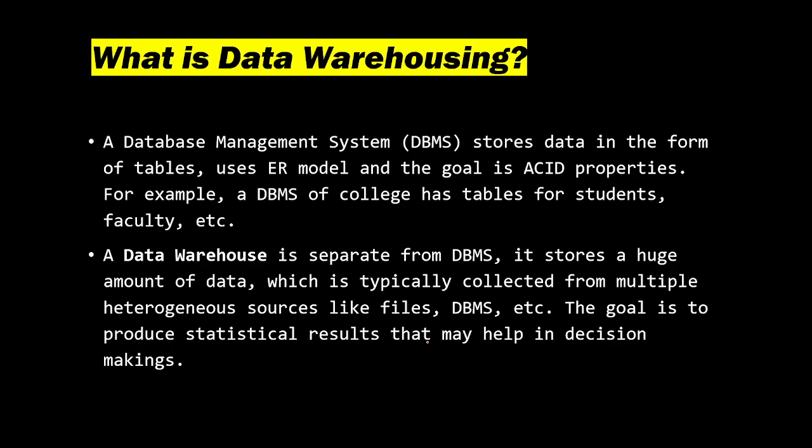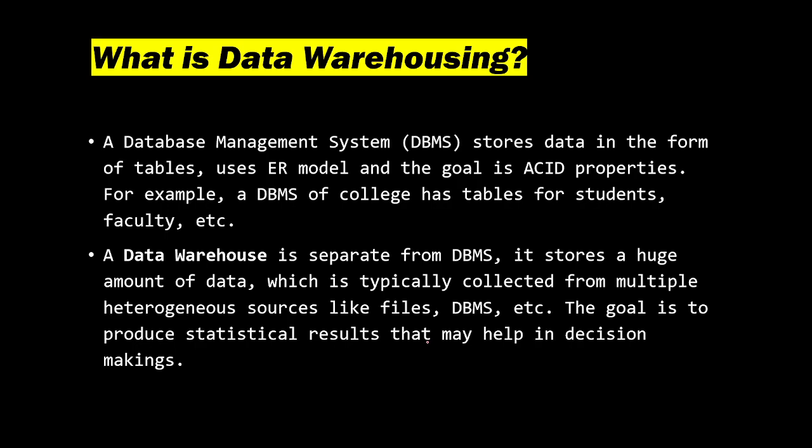Now, a common belief is that a database is based off of operational or transactional processing. In a database management system, each operation is an individual transaction, whereas a data warehouse is based off of an analytical process. Generally, a database stores up-to-date data, so it is based off of daily operations.